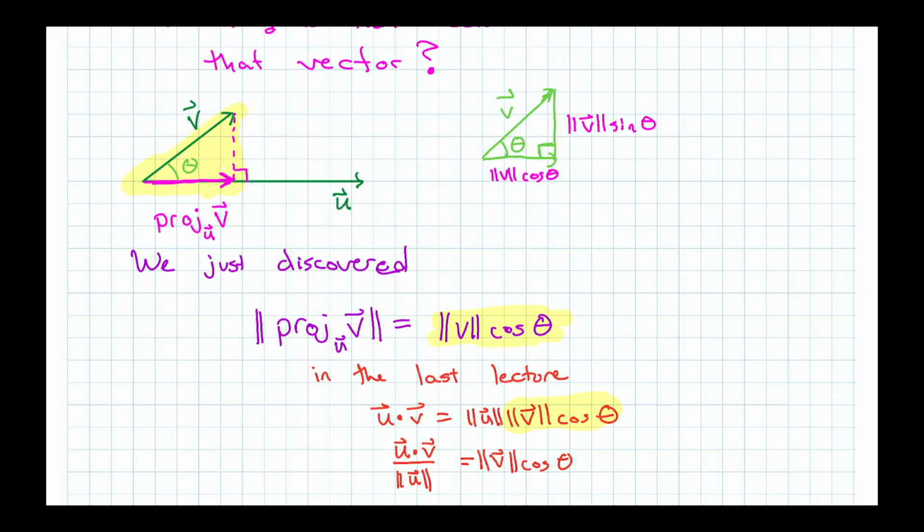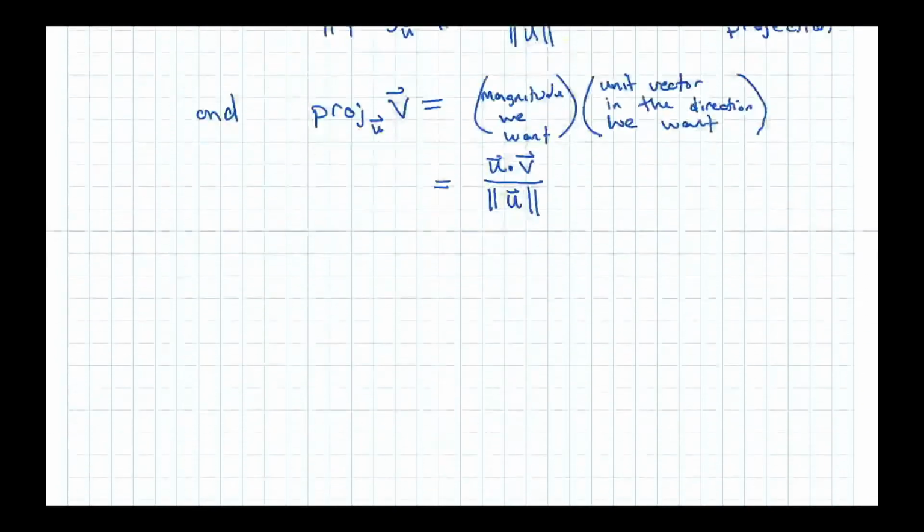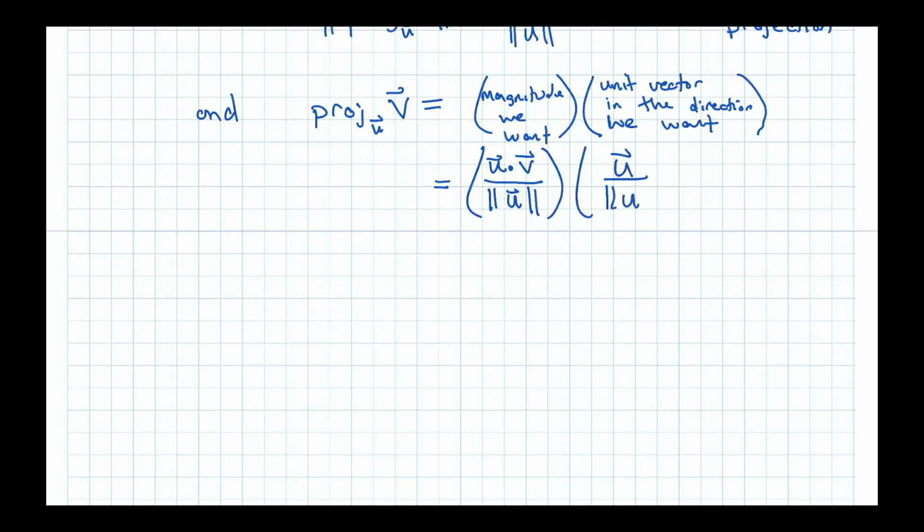So we need a unit vector in the direction of u. You take a vector and divide it by its length. Multiply the two pieces together, and that is the projection of v onto u.